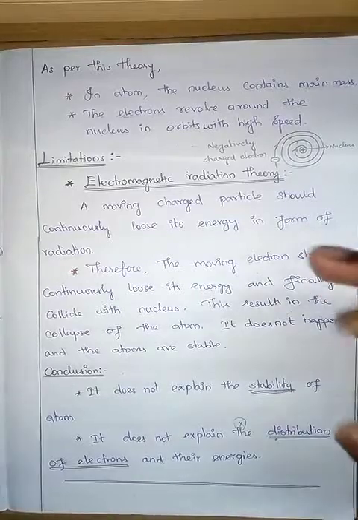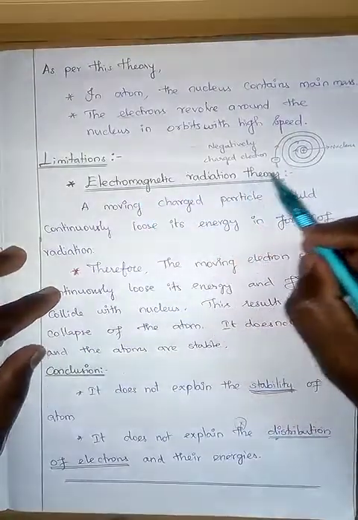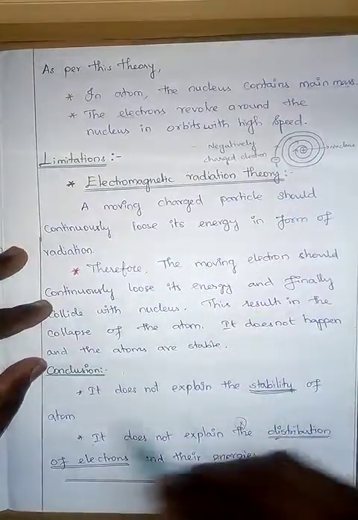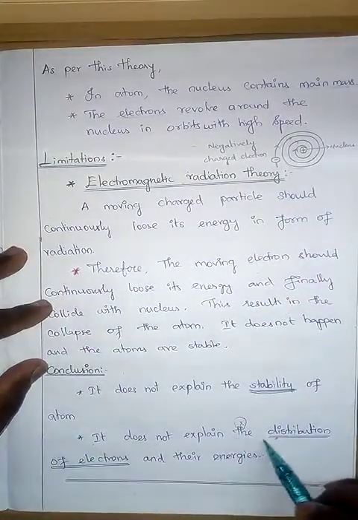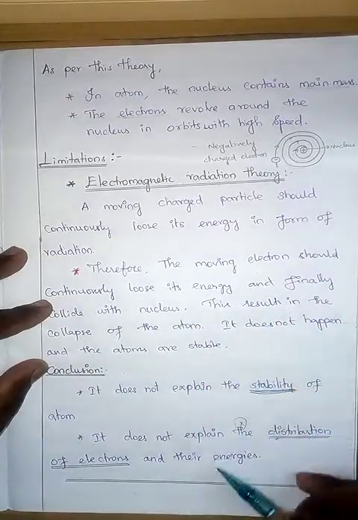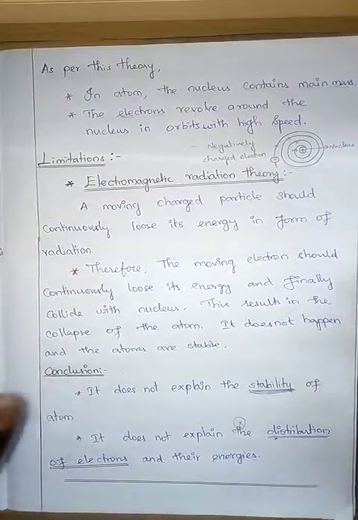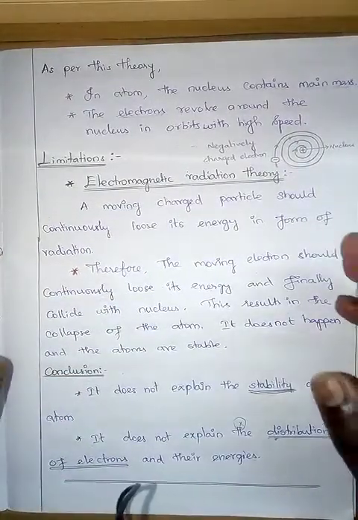That's why this model has some limitations. The limitations are: it doesn't explain the electromagnetic radiation theory, doesn't explain the stability of the atom, doesn't explain how the electrons are distributed around the nucleus, and the energy of the electron also isn't explained. So these are all the drawbacks of the Rutherford atomic model.